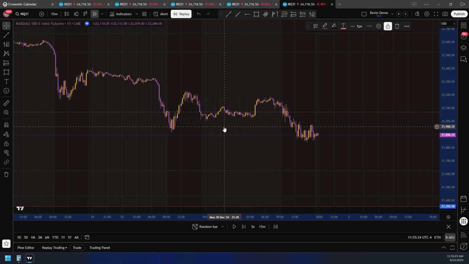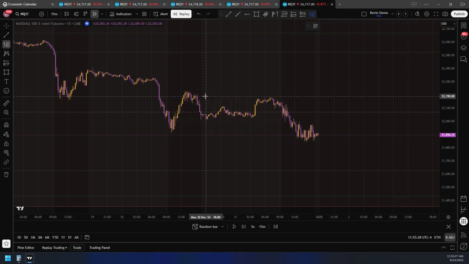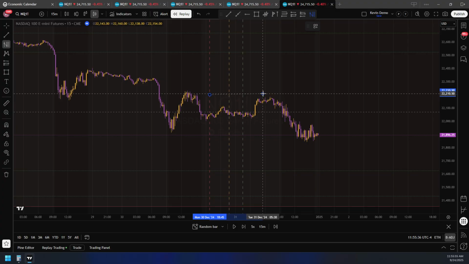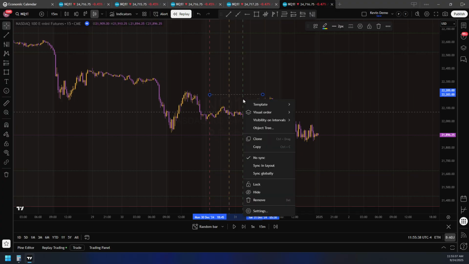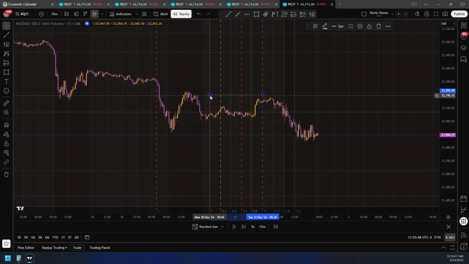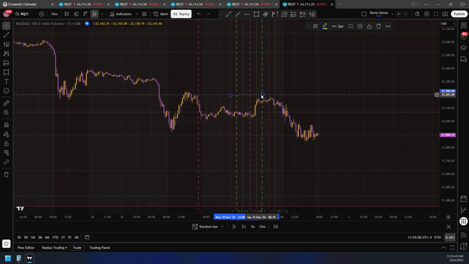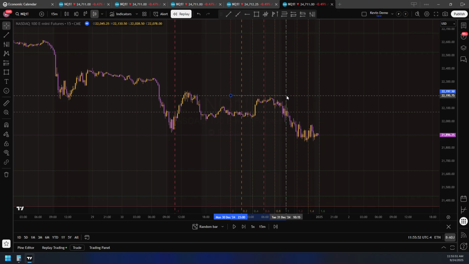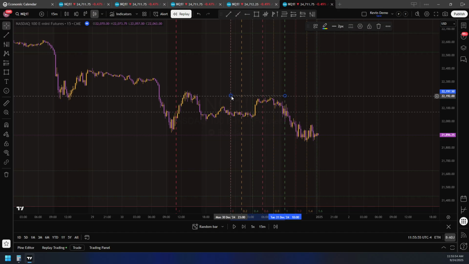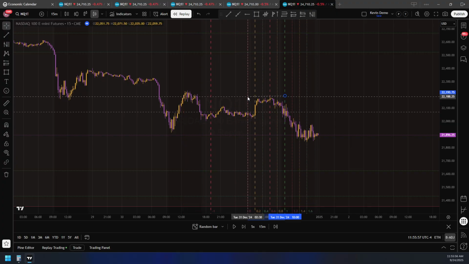All right, so what I see here is we're in the pre-market. I'm going to draw this real quick. I've got one where I preset my cash macros, 2:30 to 10. So what I do is I get this one, I drag it to 2:30 a.m., I drag this one to 10 a.m., and this one goes to 2:30 a.m. like that.